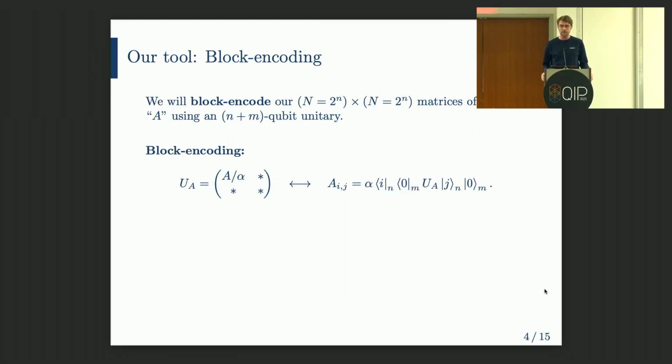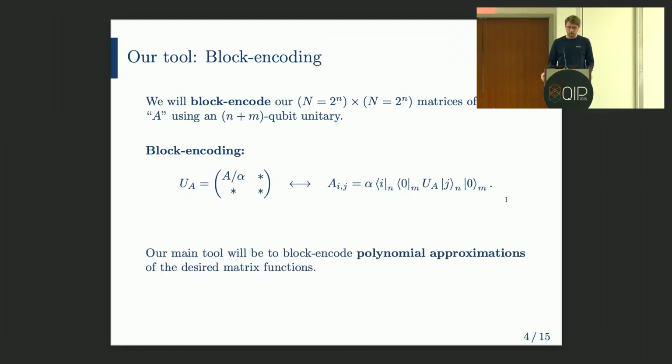It's a unitary of which the left upper block equals our matrix of interest A up to some factor alpha, which ensures that indeed U_A will always be a unitary. Said differently, the entry i0, j0 of our unitary matrix will equal the entry ij of our matrix A up to some constant alpha.